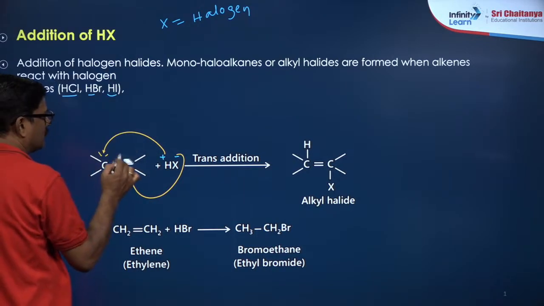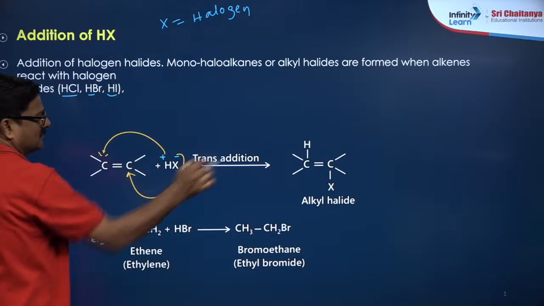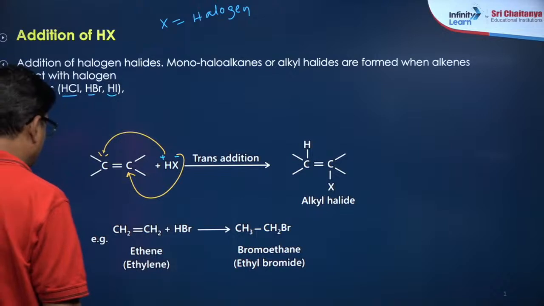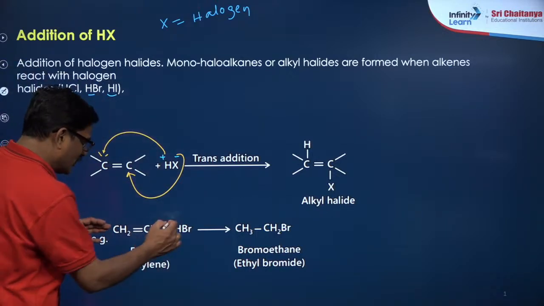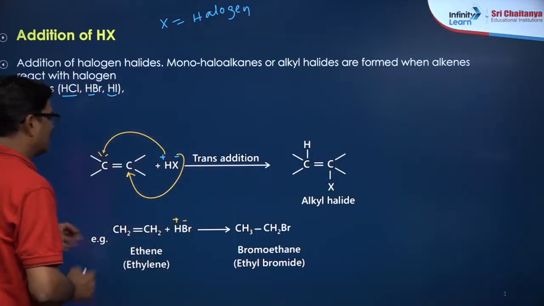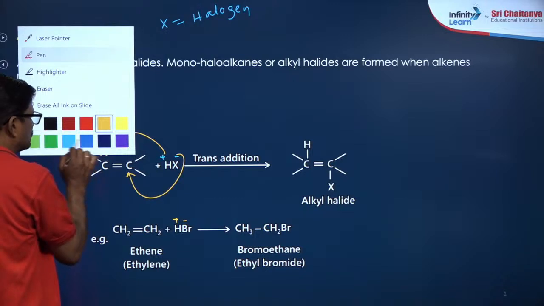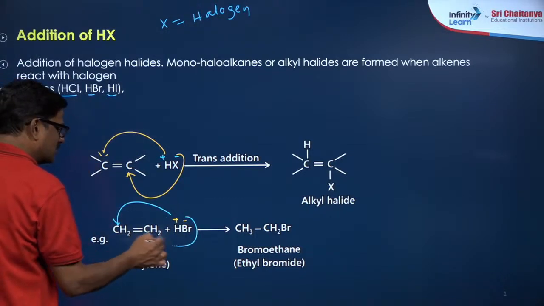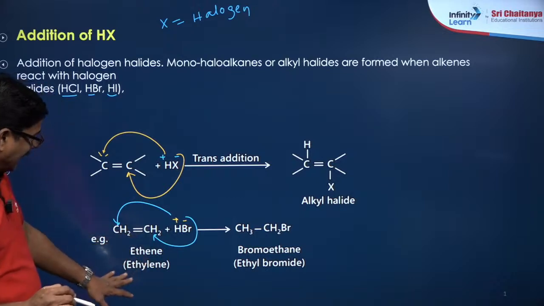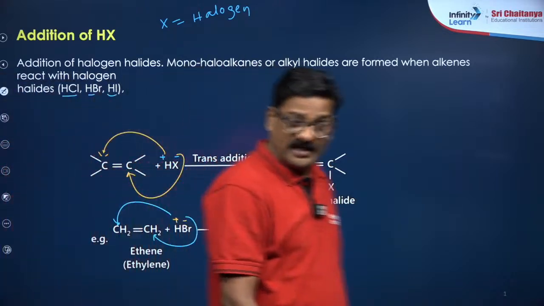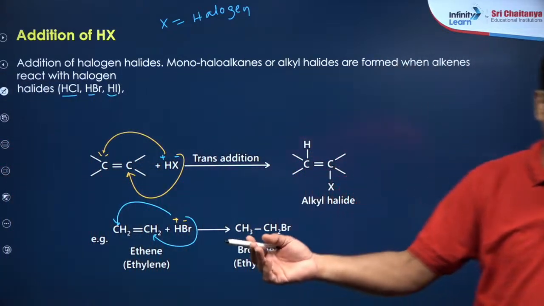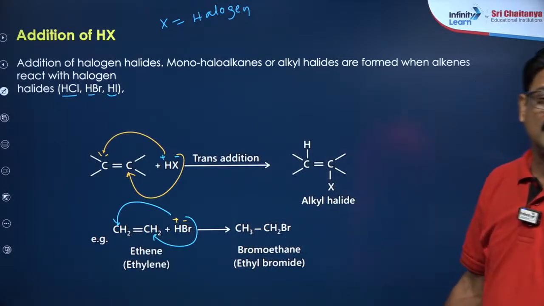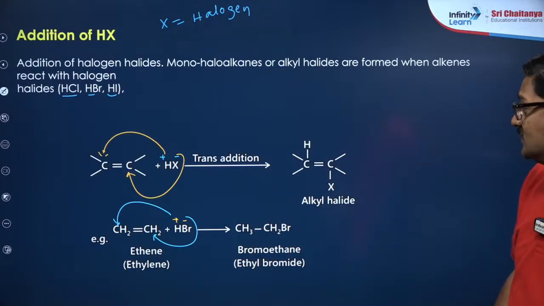So that you are going to get a product like this, alkyl halide. You got it, alkyl halide. So if it is HBr, so H plus and Br minus, here H plus attacks here and Br minus attacks. I am going to show you the mechanism also. Ethene on addition with HBr, you are going to get ethyl bromide or bromoethane. It is an electrophilic addition reaction.